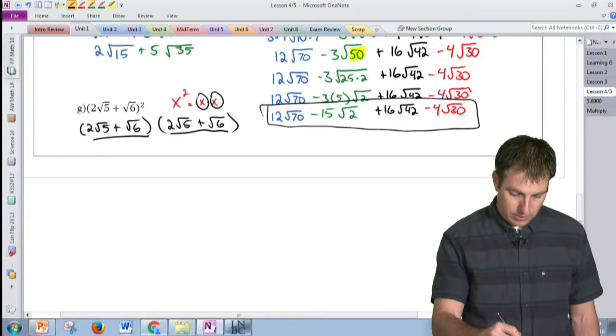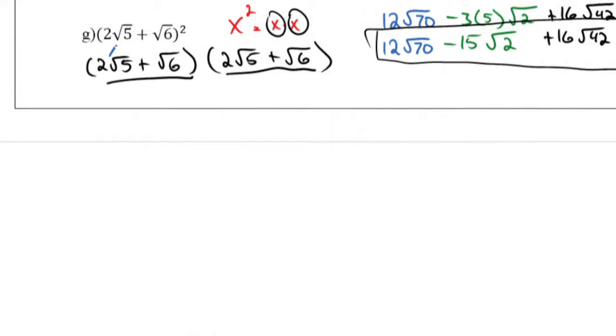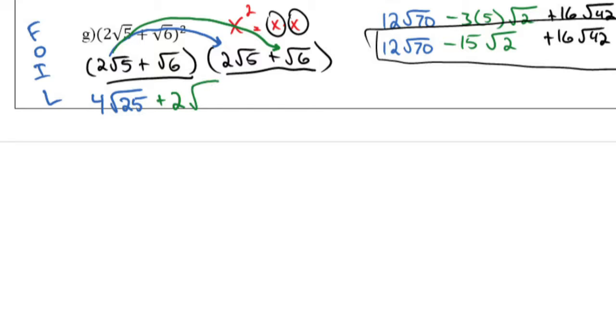So let's see if we can do this. We're FOILing. Firsts: 2 times 2 is 4, and then root 5 times root 5 is root 25. My outsides, I have positive 2 times 1, I'm going to write 2, and then root 5 and 6 is going to give me root 30.